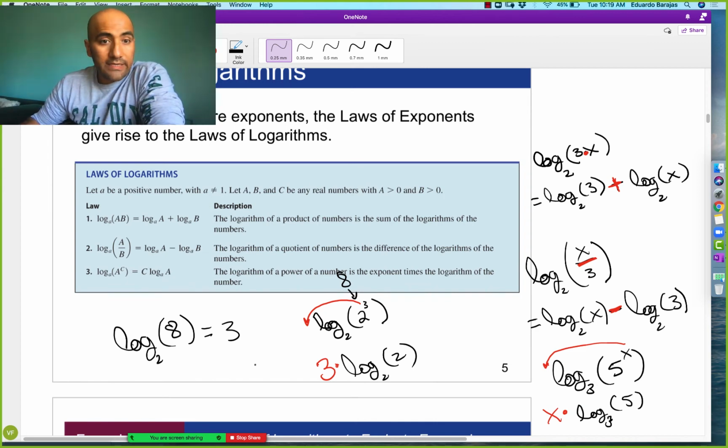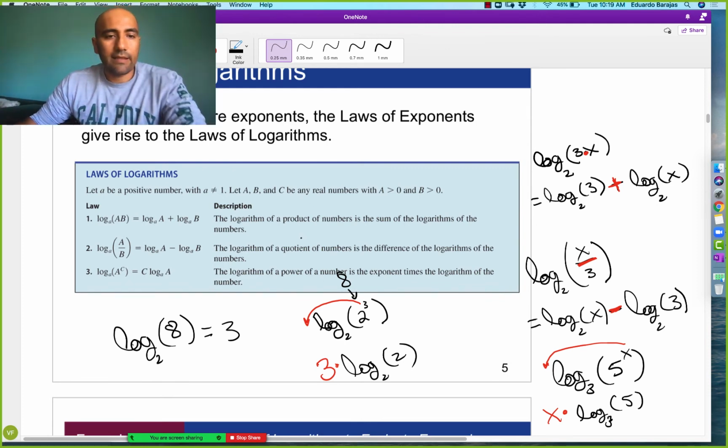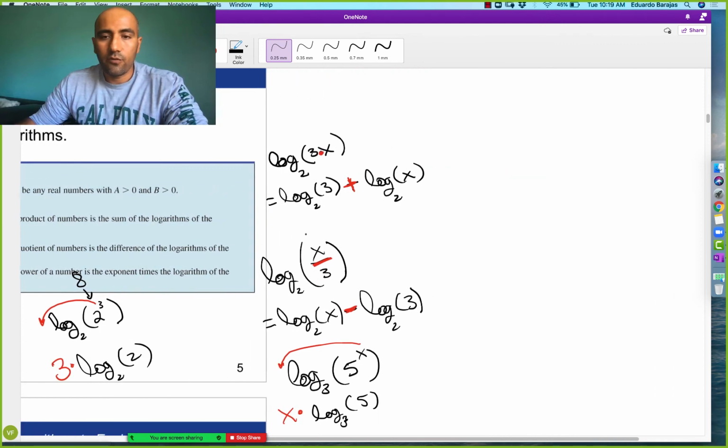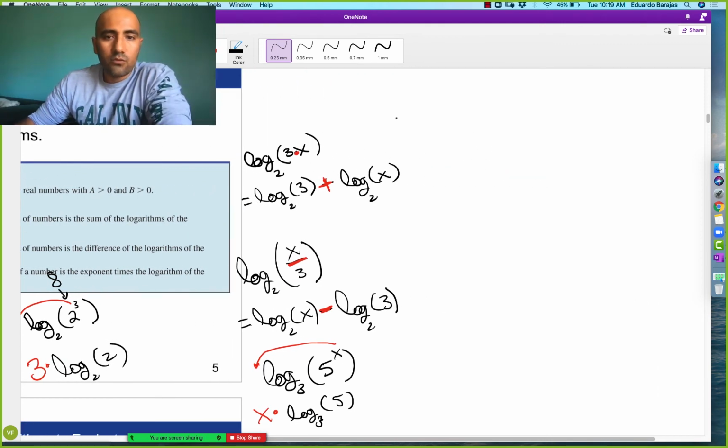Okay, remember log is a function, so we have to be careful about the rules we're allowed to use. Use these rules and be careful not to create your own rules. It's very tempting to want to say that things work differently. For example here, this is the rule. But very often people confuse this.